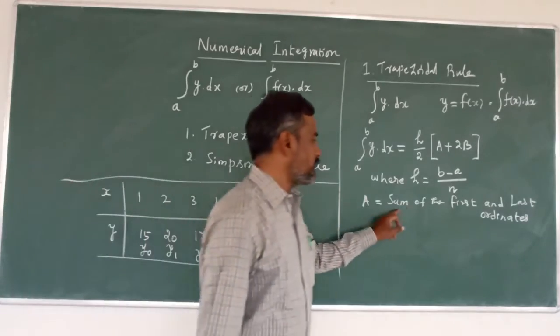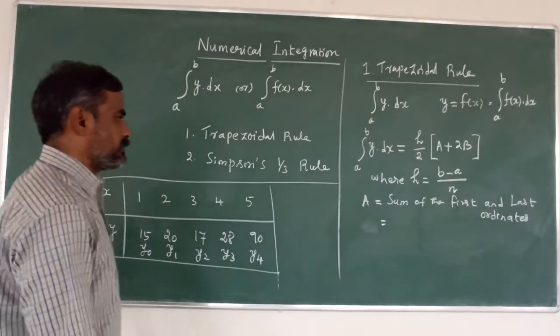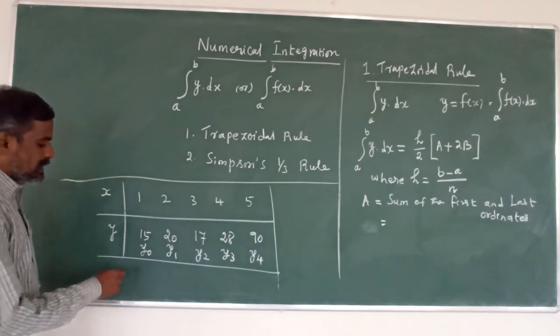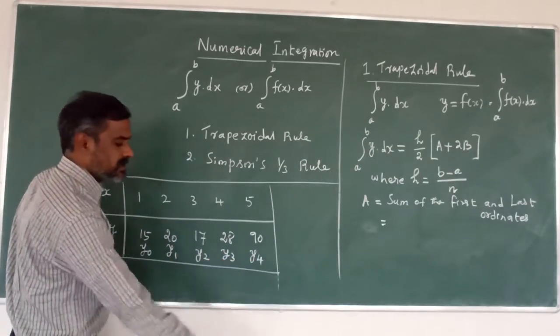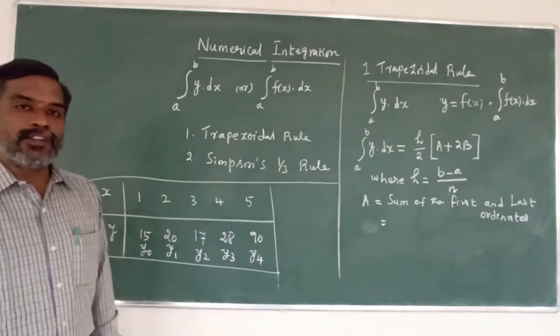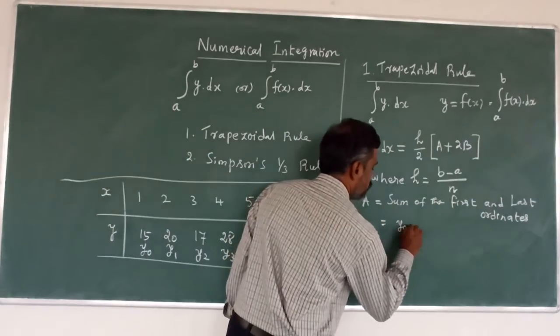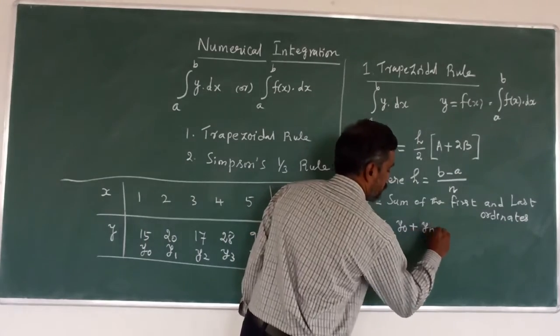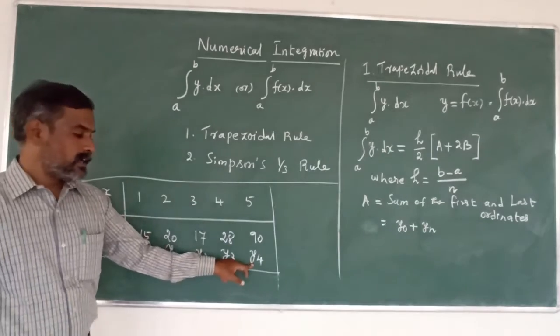Here the sum of the first and the last ordinates means we add the y0 value plus the yn value. Here we add y0 plus yn; suppose n is 5, we add y4.